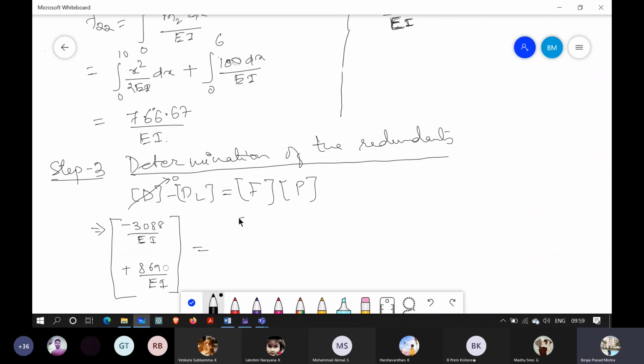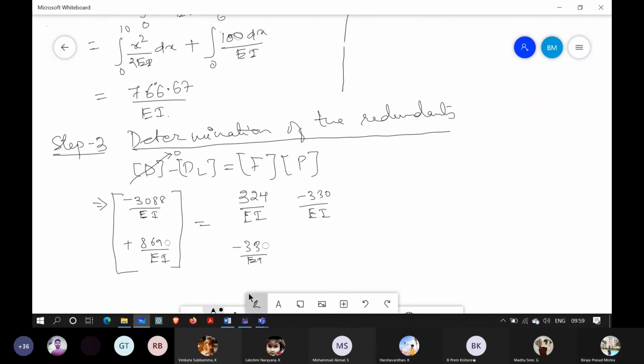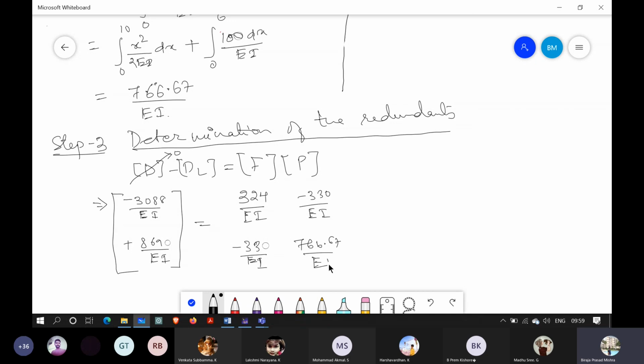equals, this F matrix is 324 by EI, minus 330 by EI, then minus 330 divided by EI, and this is 766.67 divided by EI. This is F matrix into the P matrix. What is the P matrix? It is HD and VD.